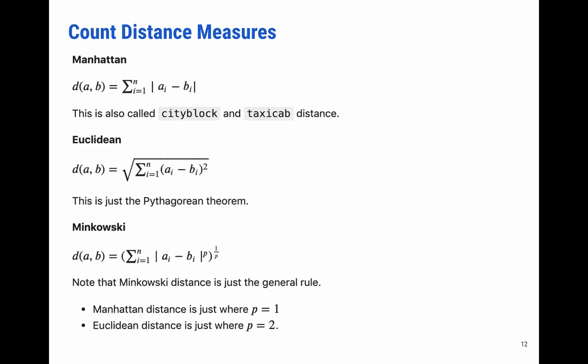So you can see that Manhattan distance is where p equals 1, and Euclidean distance is where p equals 2. This is a very powerful formula. It can be expressed up to infinity, and p might even be fractional values.